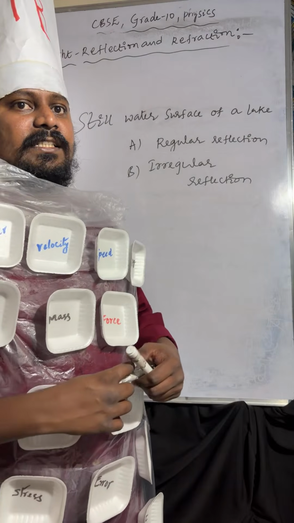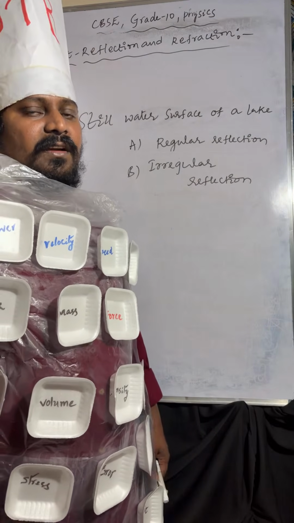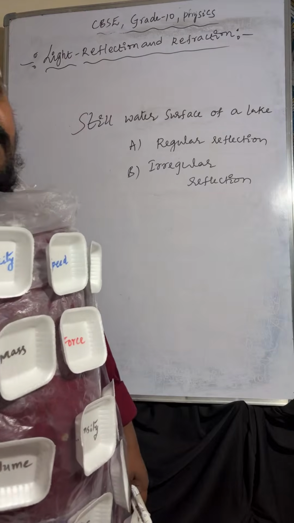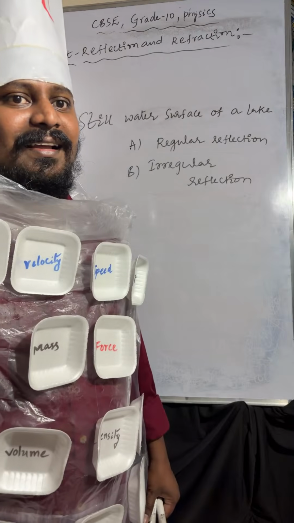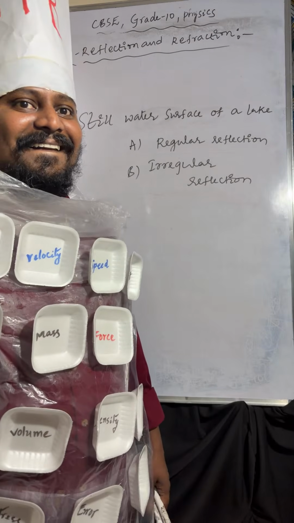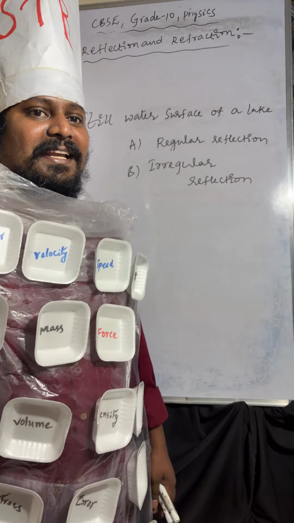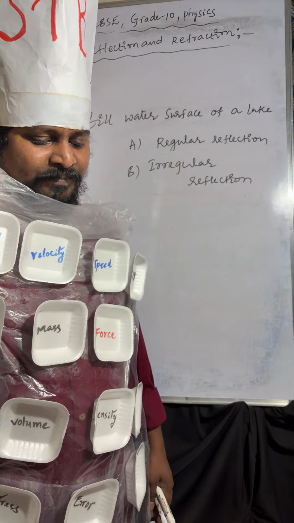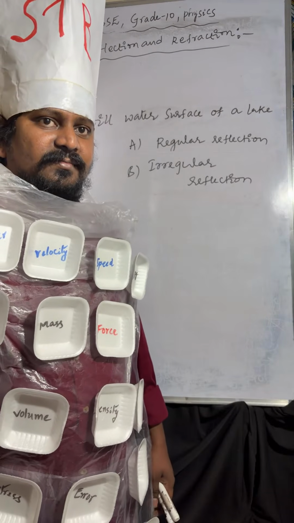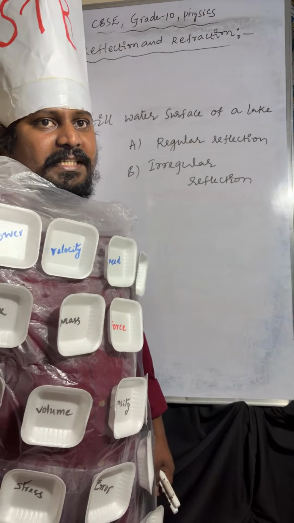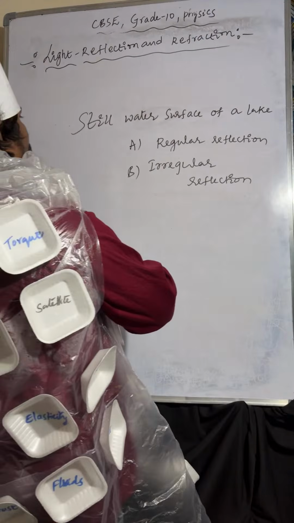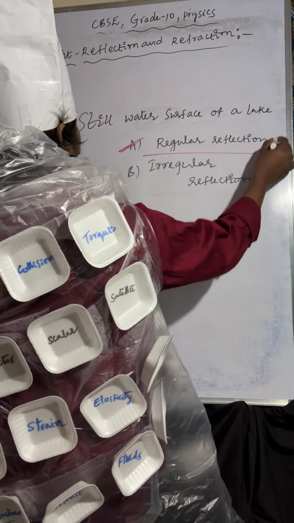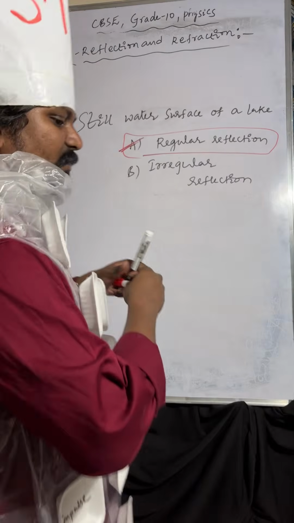Still water surface of a lake: regular reflection or irregular reflection? Regular reflection takes place. So on a still lake of water, regular reflection, option A. Okay, done.